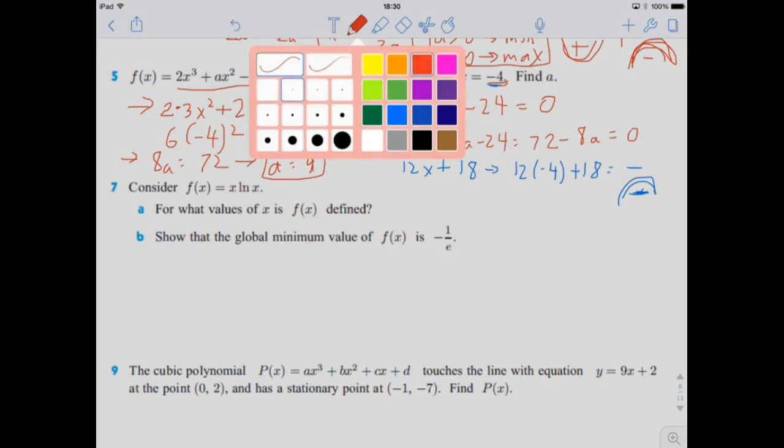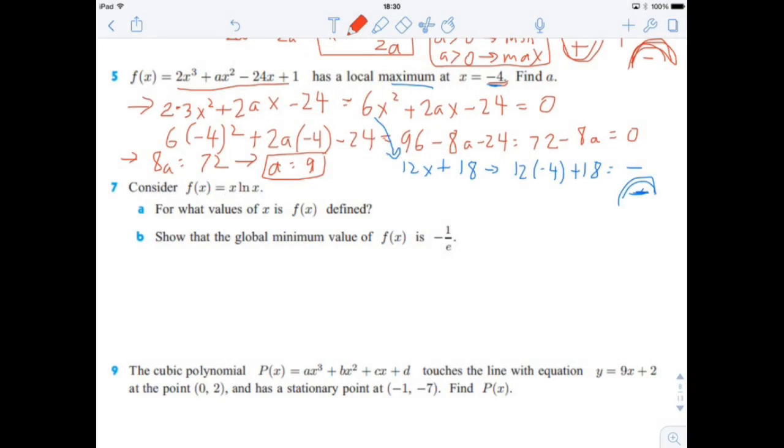Okay, number 7. Consider the function x times log x. For what values of x is f of x defined? Okay, now remember log kind of looks like this. So it's not defined for values 0 and less, x equals 0 and less.